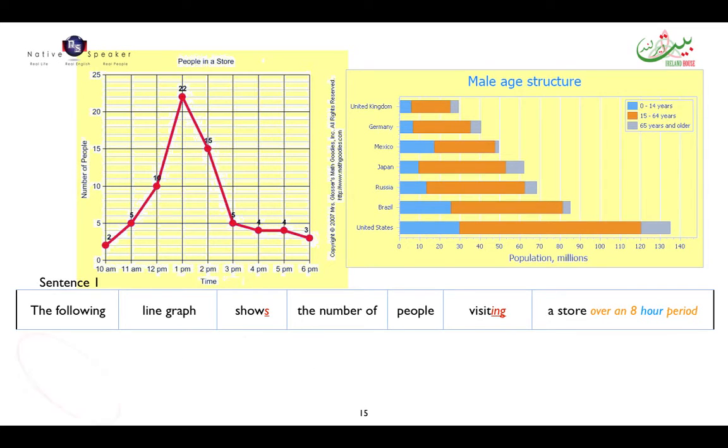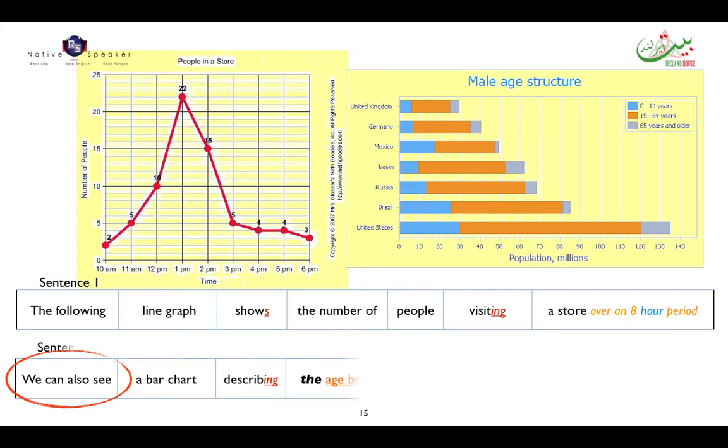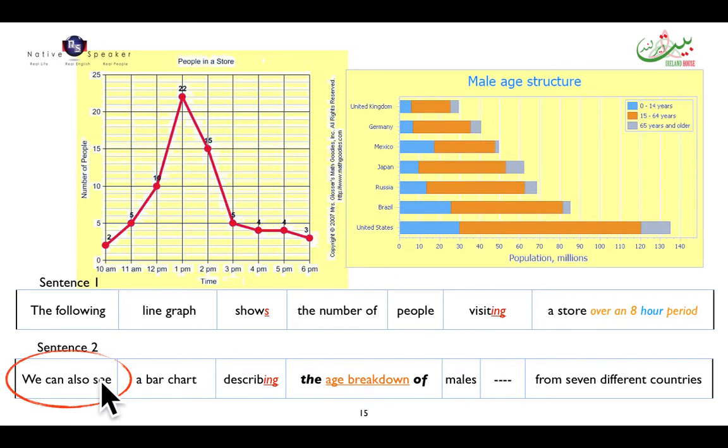Now, in the next sentence, we can't really say here we can see. So we're going to have to amend the first step a little bit, and we're going to say we can also see. So instead of saying here we can say we can also see. Now this is fantastic for us because we know how to build the rest of the sentence, and we can say we can also see a bar chart describing the age breakdown of males from 7 different countries.